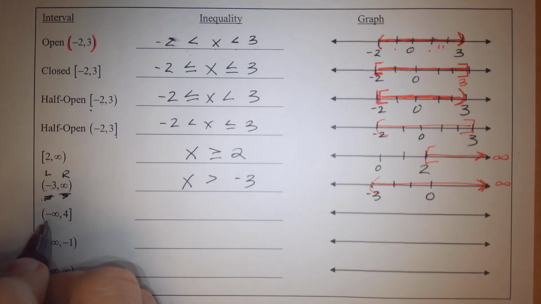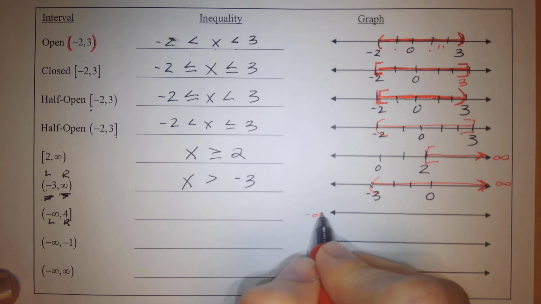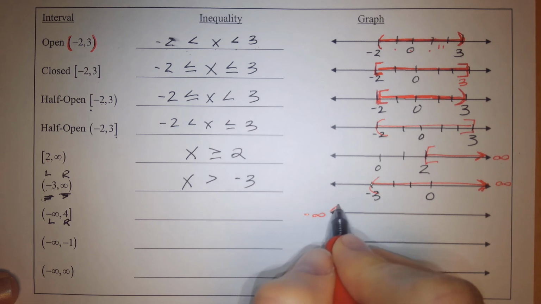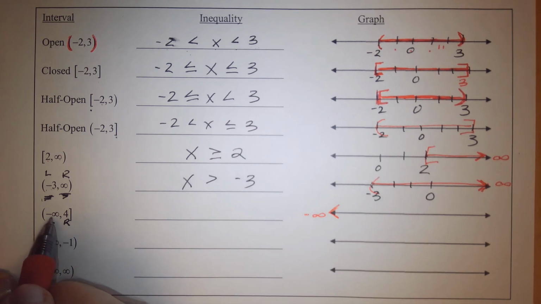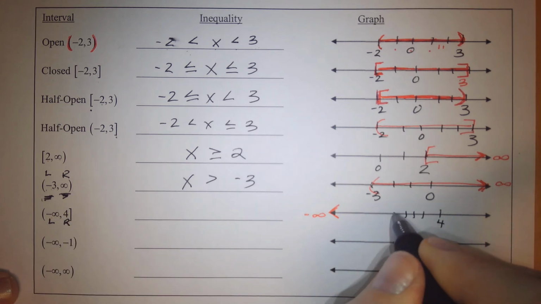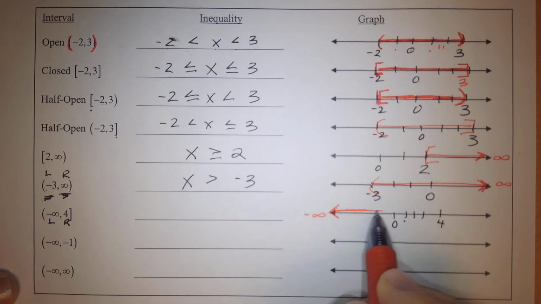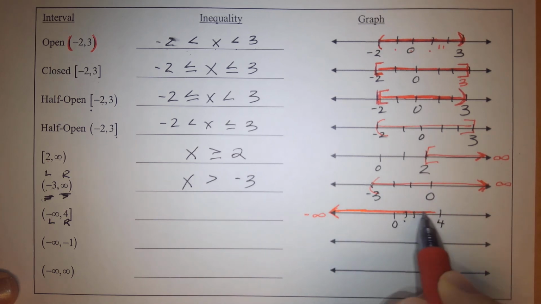For this inequality, remember this is the left bound, this is the right bound. So you're starting at -infinity. Negative infinity is over here. So we're going to start at -infinity and go all the way to 4.